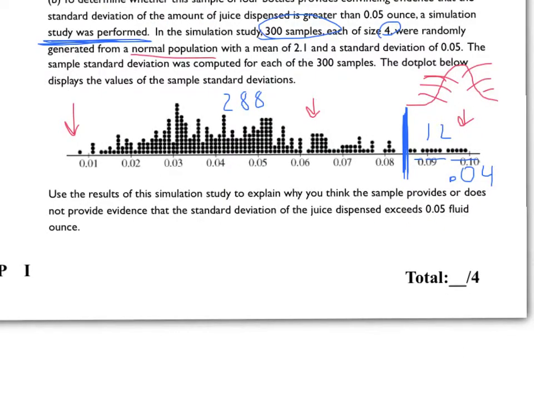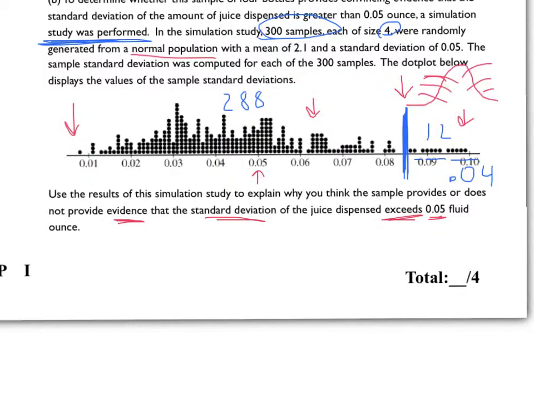Now going back to our question here, it says use the results of the simulation to explain why you think the sample provides or does not provide evidence that the standard deviation of the juice dispense exceeds 0.05 fluid ounces. Now we looked at where the sample data that we got was, assuming that this null is true, and it only happened 12 out of 300 times, which is about 4%, a p-value of about 0.04.